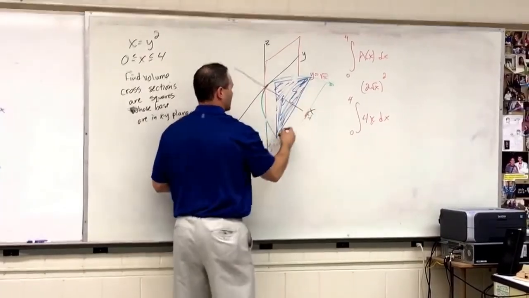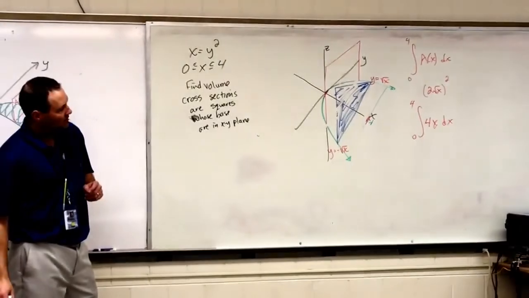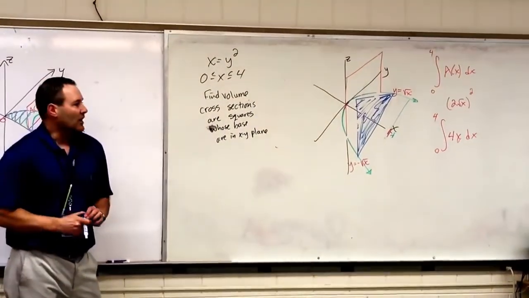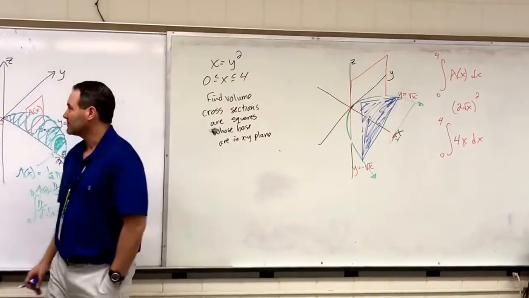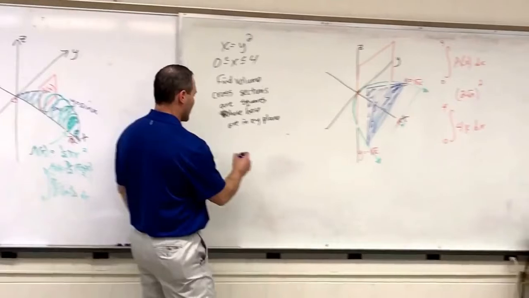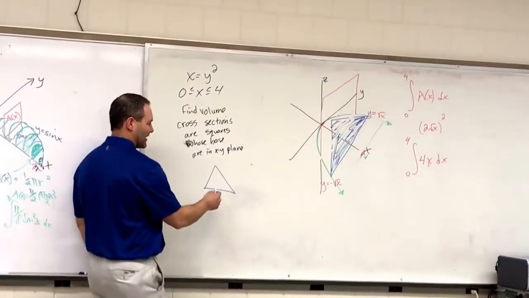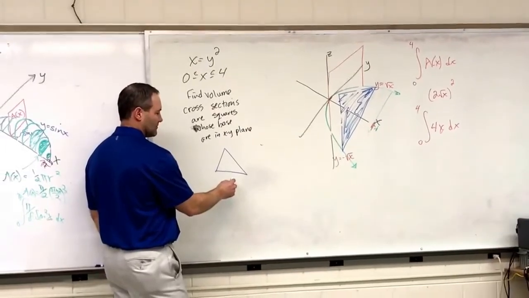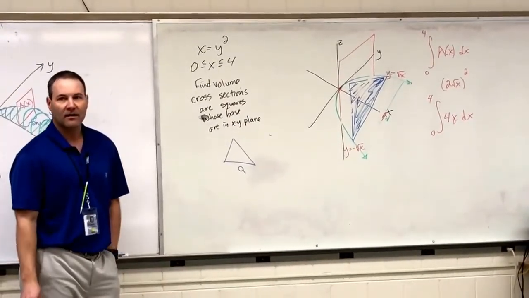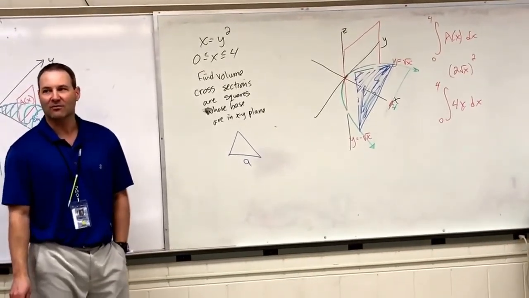Now the area would just be... Okay, sub-problem. How do you find the area of an equilateral triangle if you know one of the sides? So if I call this A, what is its area? See if you can figure that out. I'll give you a couple minutes.